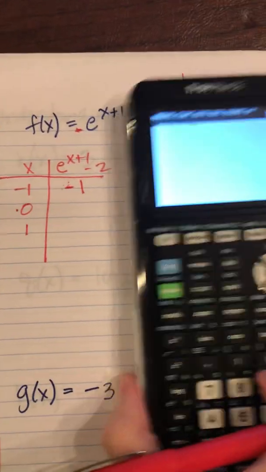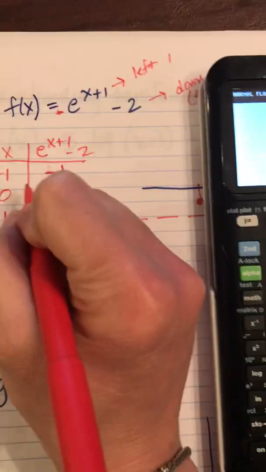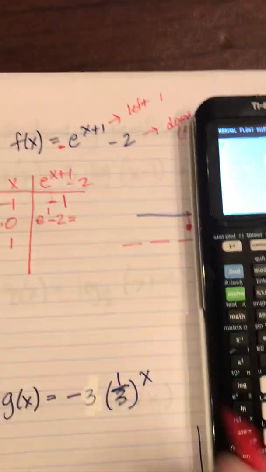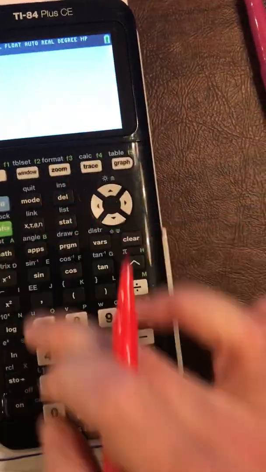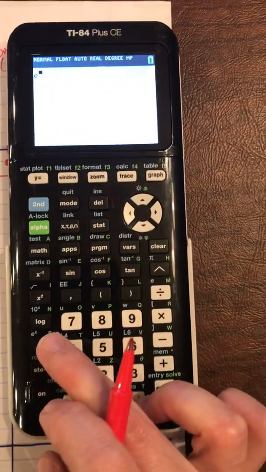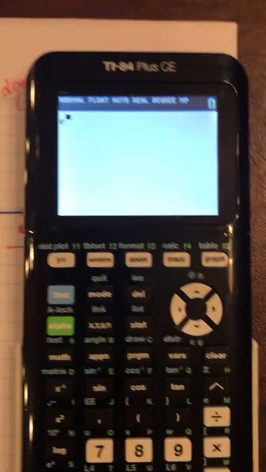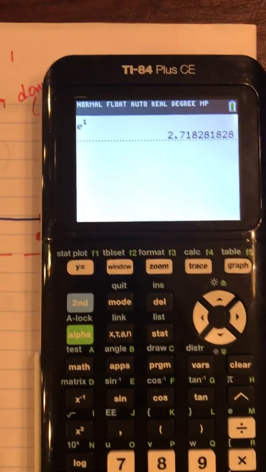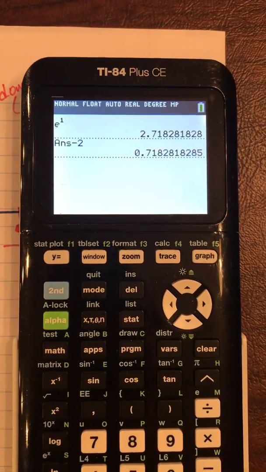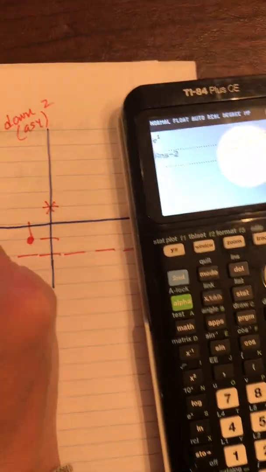If I plug in 0 for x, I get e to the first power minus 2. Well, I don't know what that is off the top of my head, so I'm going to grab my calculator. I'm going to hit second and then the ln button, which is right there. And I get e, and then I'm going to plug in just the first power, and subtract 2 from that. So I get about 0.72-ish.